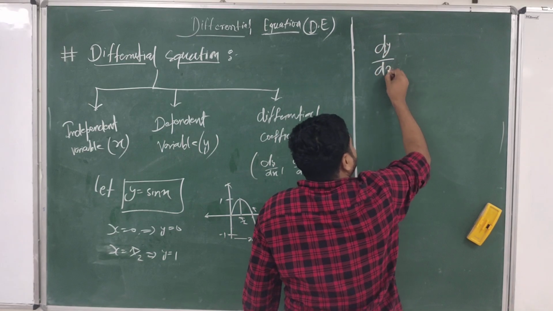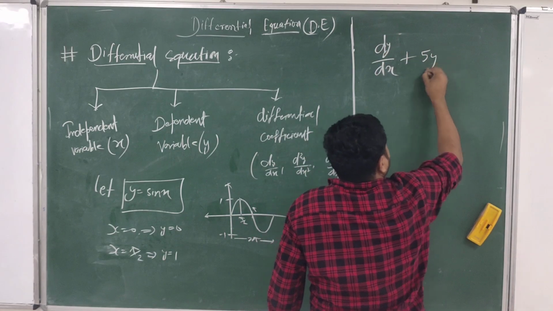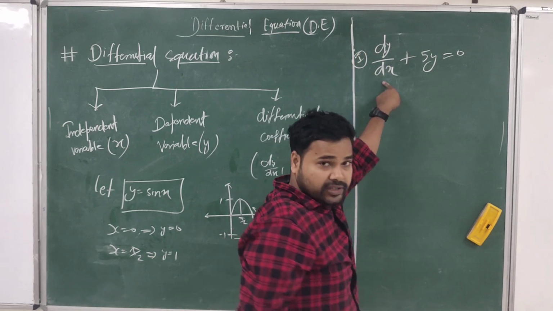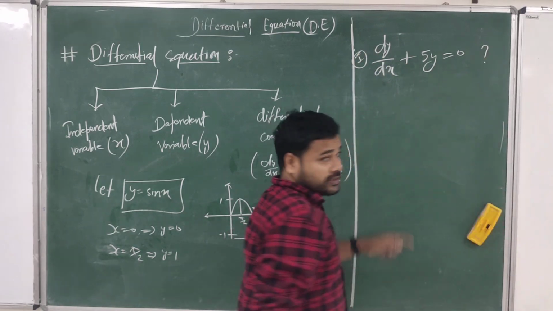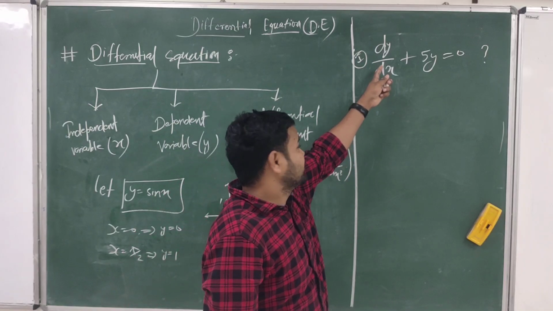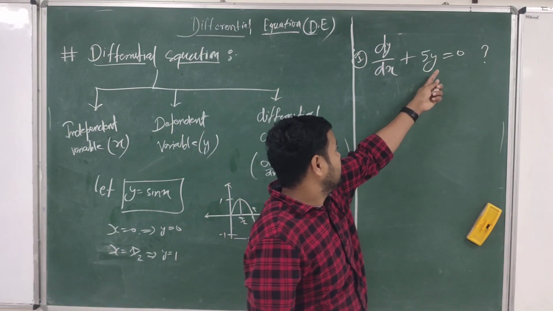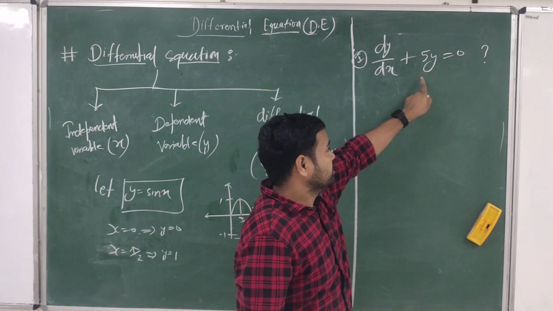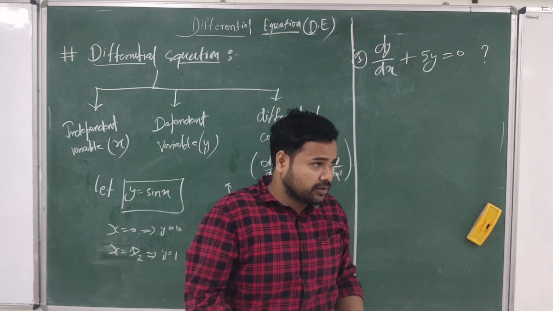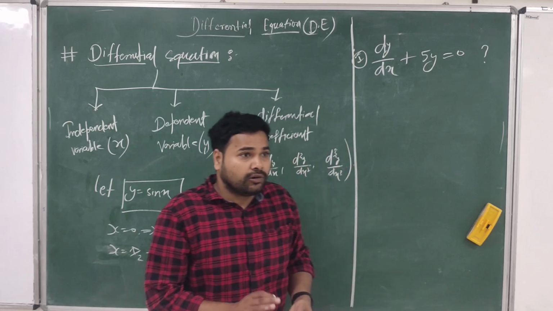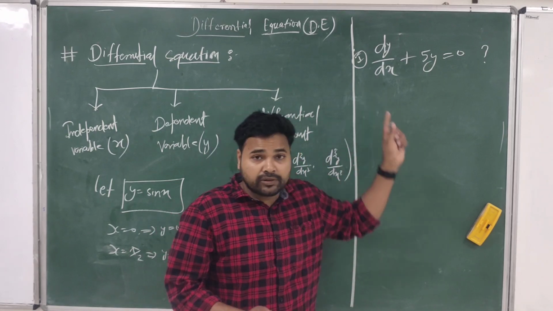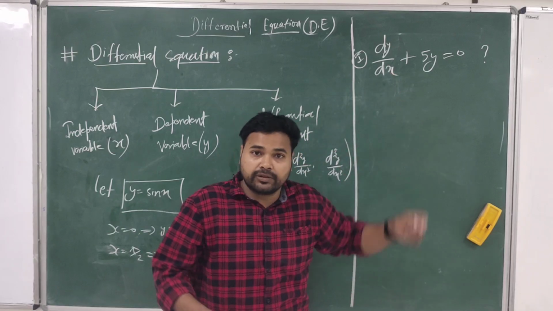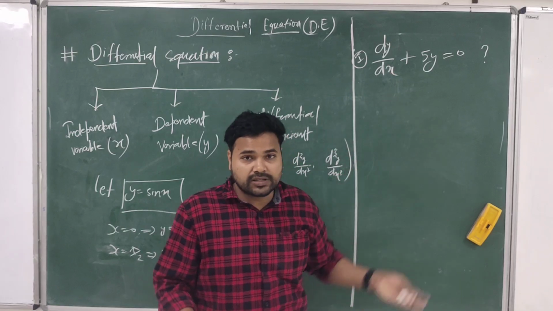dy upon dx plus 5y equals 0. Is it a differential equation? Yes, it is, because it contains a differential coefficient and the dependent variable. If an equation contains a differential coefficient, then we can say it is a differential equation.